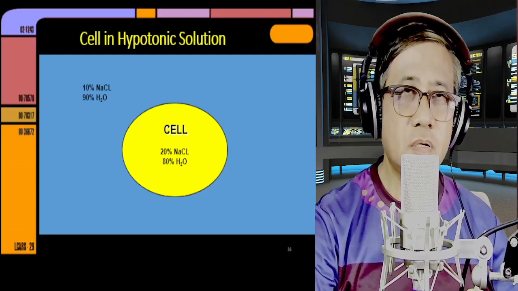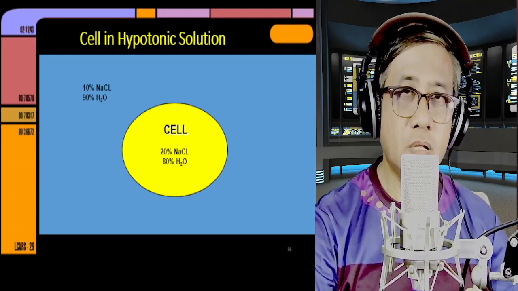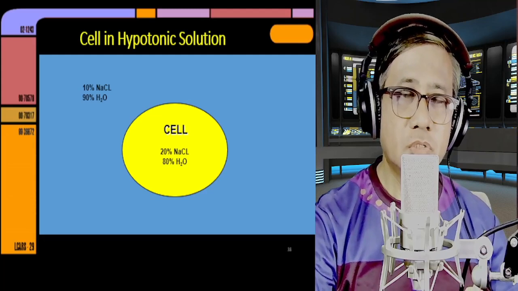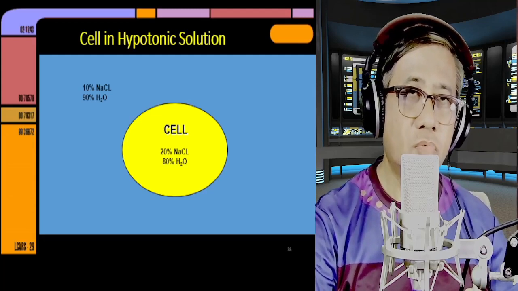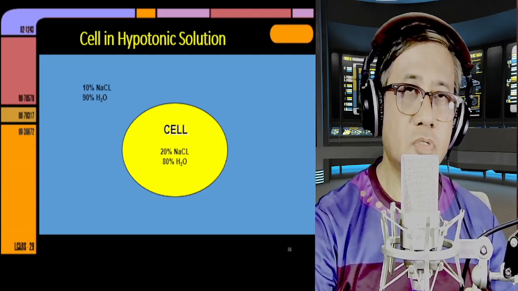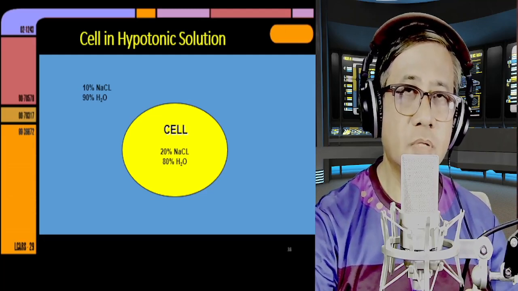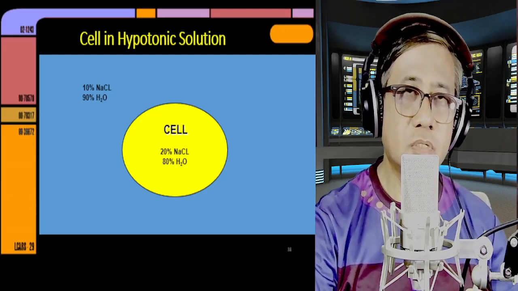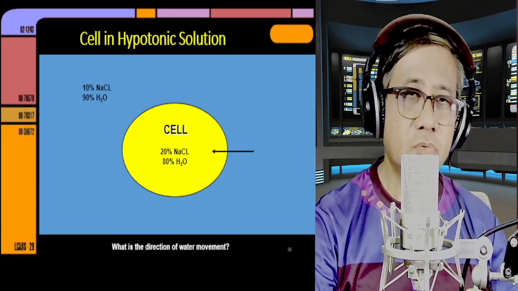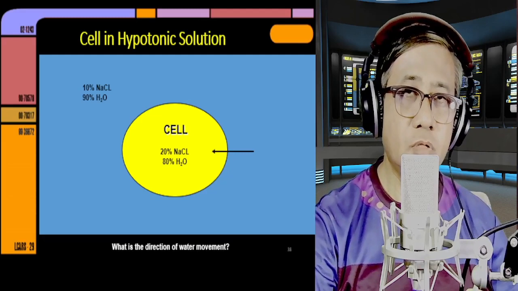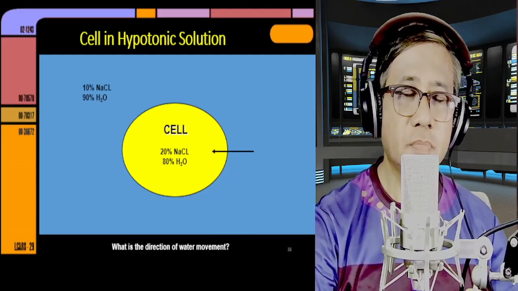So we have here a system wherein there's no balance or equilibrium. So in order to achieve balance or steady state, water moves from a region of higher concentration to a region of lesser concentration. So water tends to get in the cell. So what is the direction of water movement? Water moves in the cell.